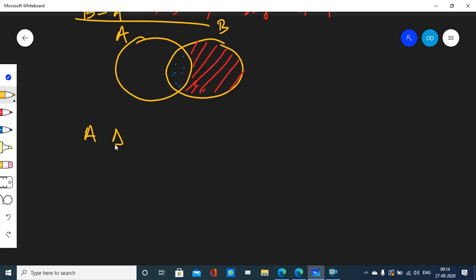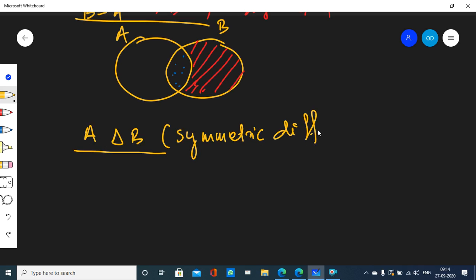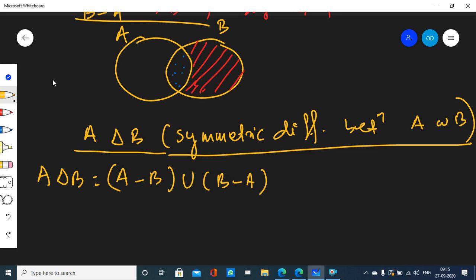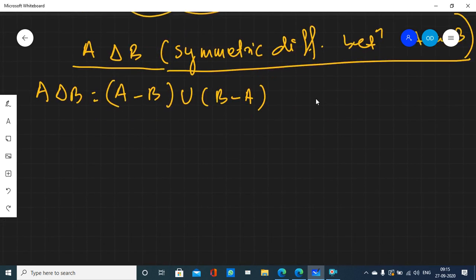And also we are talking about A delta B. A delta B is called what? Symmetric difference. Symmetric difference between A and B. A delta B. Okay. A delta B formula is what? A delta B actually is A minus B union B minus A. Okay.